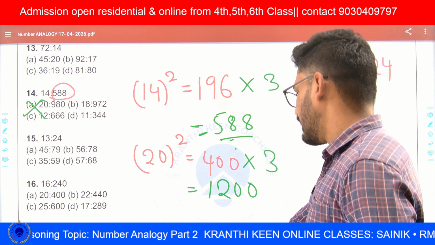So firstly they have done 13 square and subtracted 1. In the same way, 5 square is 25 and they have subtracted 1 from 5. This is the pattern it follows. See, again I am explaining this question.